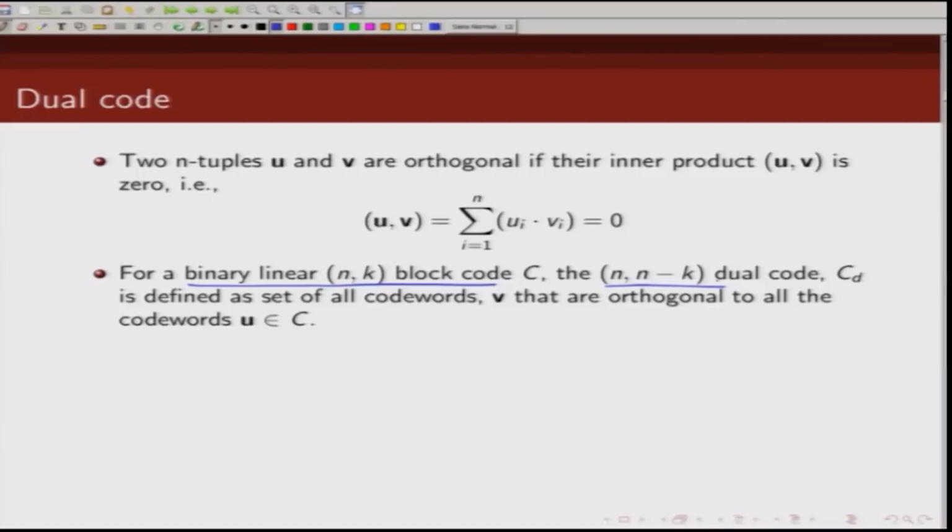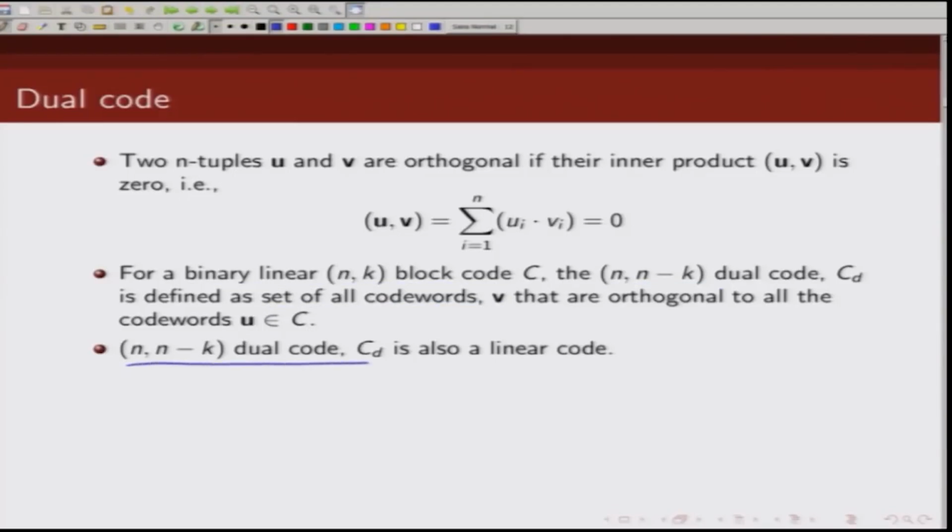A dual code is defined such that its set of code words v are orthogonal to the set of code words of the original code C. So, if v is a code word which belongs to the dual of a code C, then v would be orthogonal to code words u which belong to the original code C. We can show that for a linear block code C, the dual code is also a linear code.